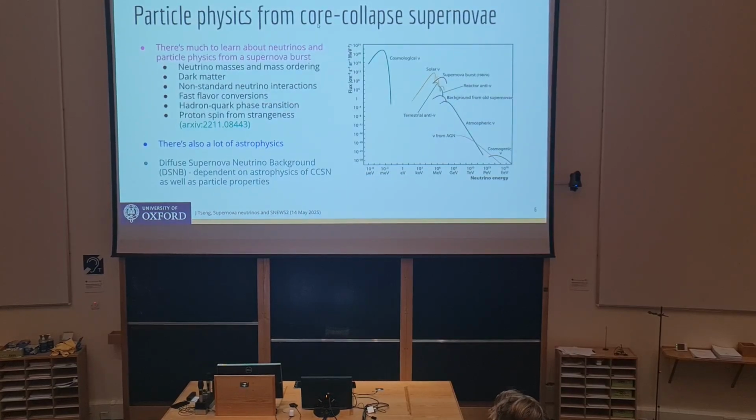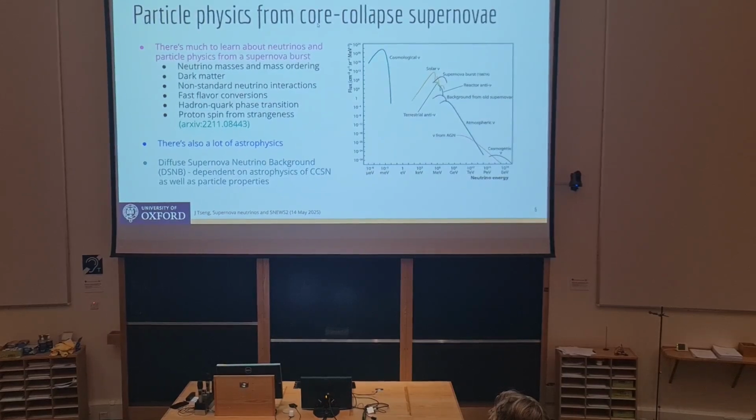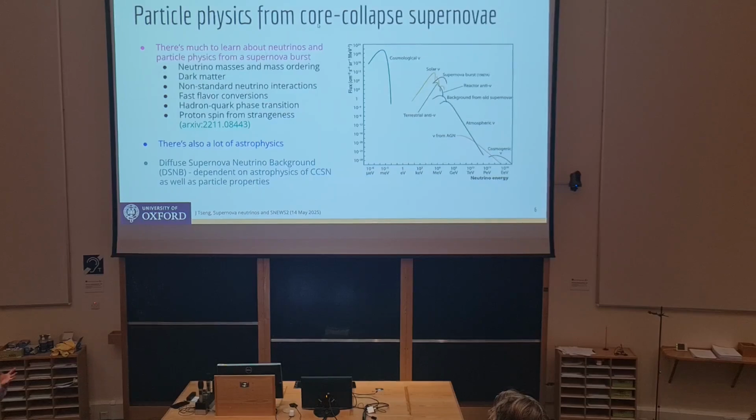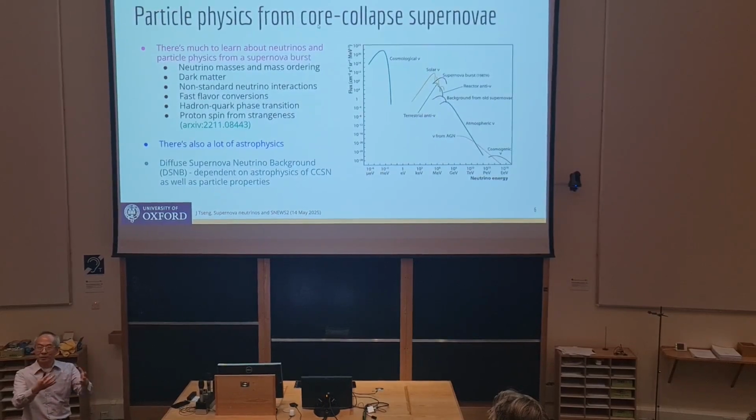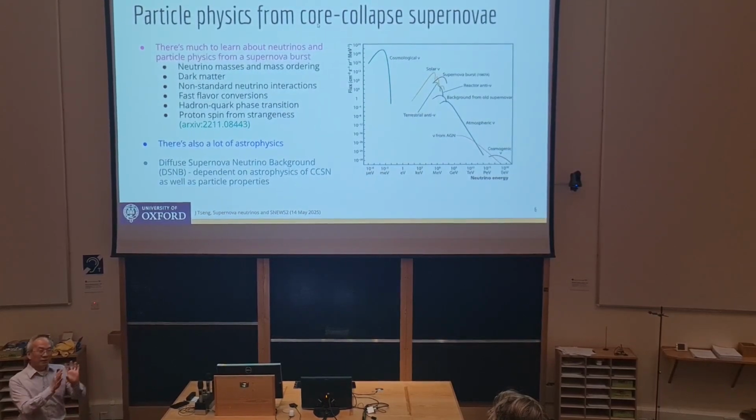Right, and this is the bias. I just have a single bullet point that says there's also a lot of astrophysics here. Now I have to admit, I'm not an astrophysicist. Personally, I'm not quite as interested in the particulars of one exploding star, as to whether it had so much circumstellar material accreting onto it at this particular rate.